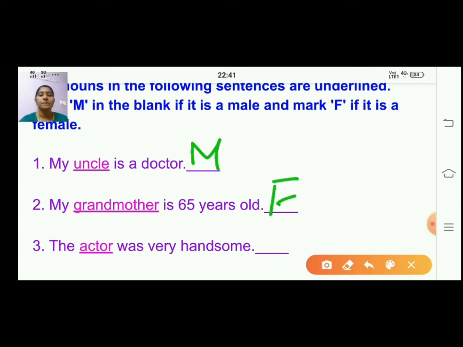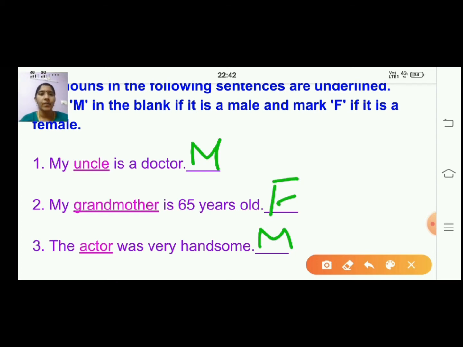Now the third one, the actor was very handsome. So actor, whom do we say actor? A hero, right? So we'll write male here. Actor, male. So first one, uncle, masculine gender.